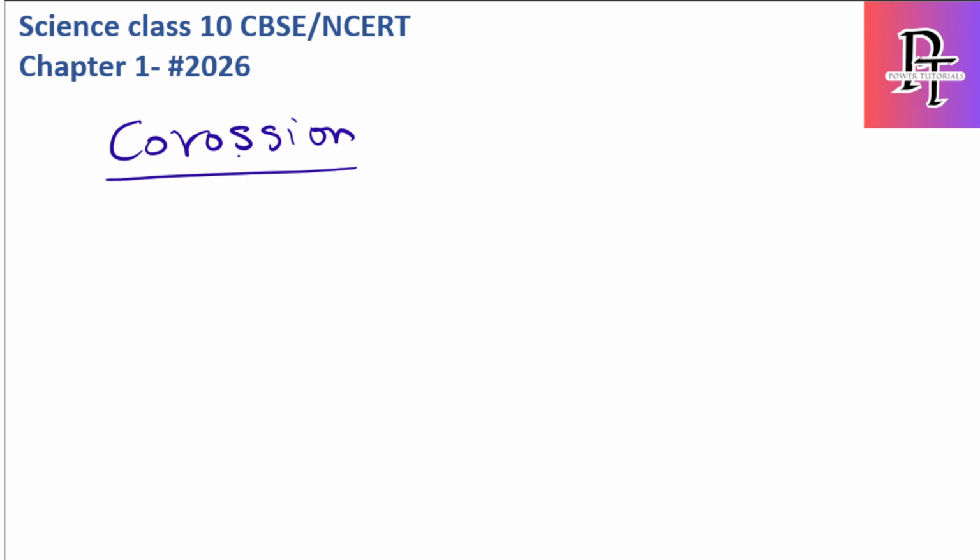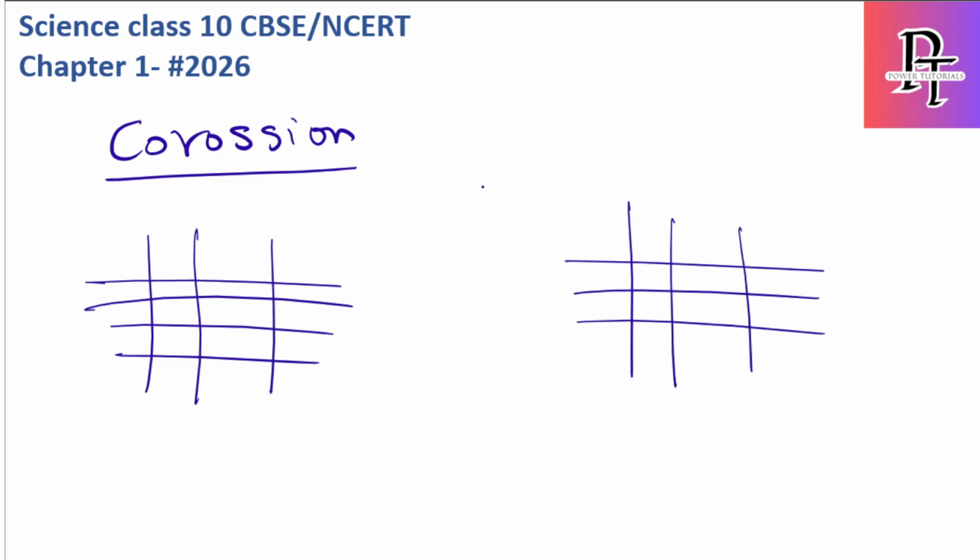I think you might have seen in daily examples, if we keep an iron mesh outside in our garden, after some days, if it is kept open and moisture is falling on it, you can find the same iron mesh coated with a brown color kind of texture. Something like this you can find. Some brown color texture will be formed on that iron grill or iron mesh.